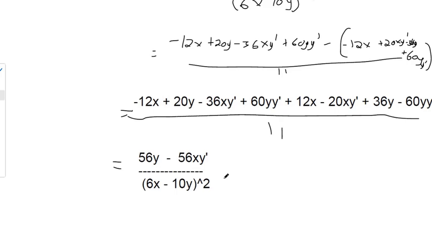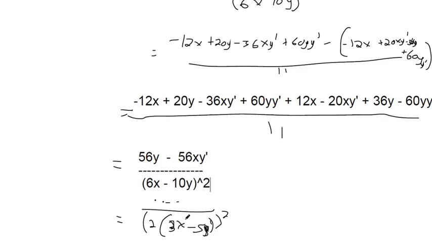So in the bottom we can do some factoring. In the top we can too. Because look in the bottom, you can factor out a 2 from everything. So keep the top the same. In the bottom we can factor out a 2, so that's 3x minus 5y. That's all being squared. So if you're squaring that, that makes a 4 on the bottom. I think you can divide the top and the bottom by 4.